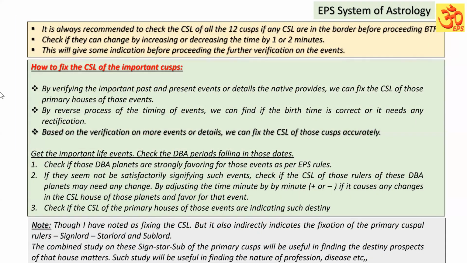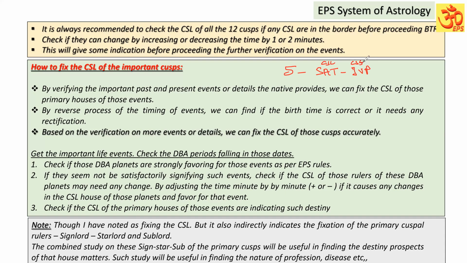It is always recommended to check the cuspal sublords of all 12 cusps, to see if any cuspal sublords are at the border or margin, before proceeding with the BTR. For example, the fifth cuspal sublord is Saturn and the sub-sublord is Jupiter.